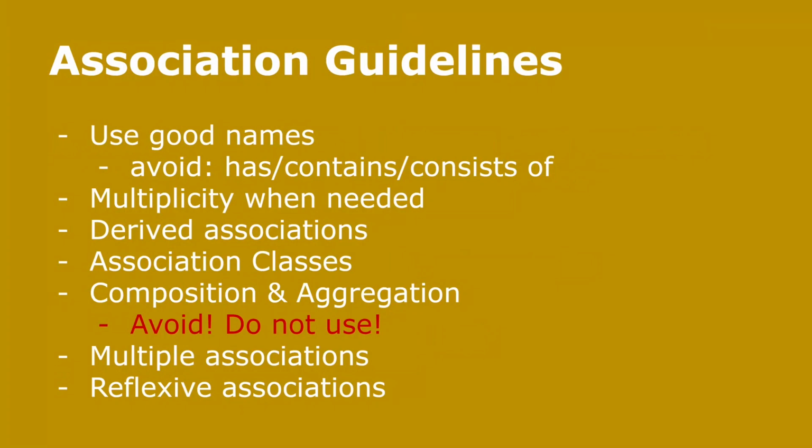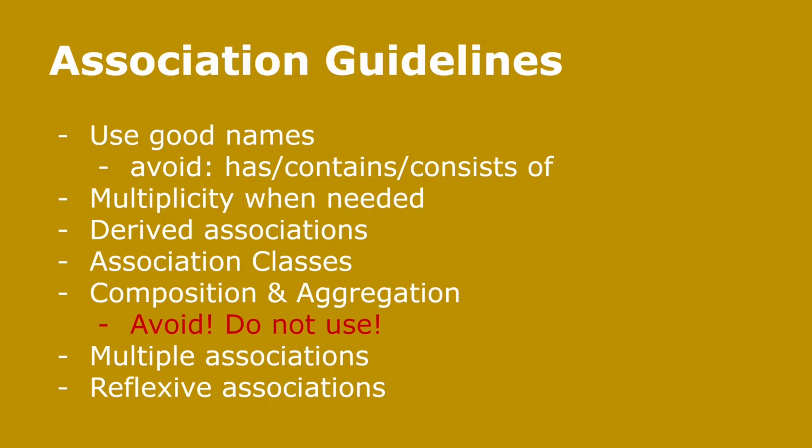Some things to think about when working with associations in domain models. Use good association names. The association should in itself reflect some property that is important in the domain. So try to find good names for the associations. For example, we want to know that a student attends courses.